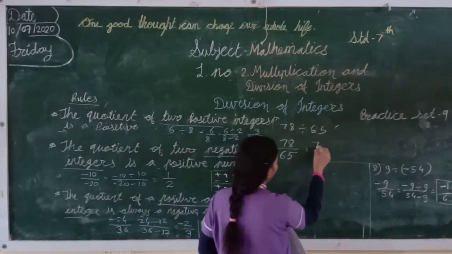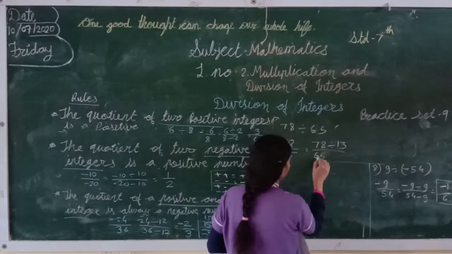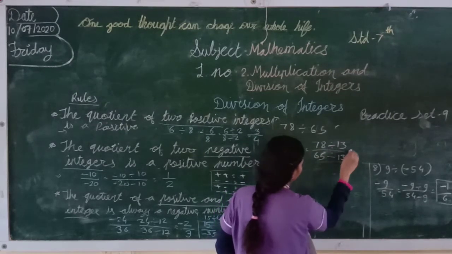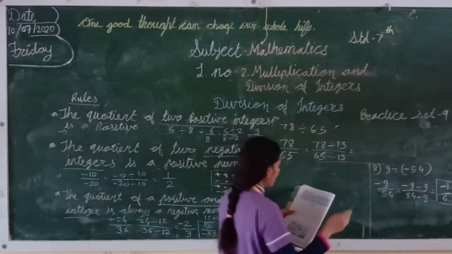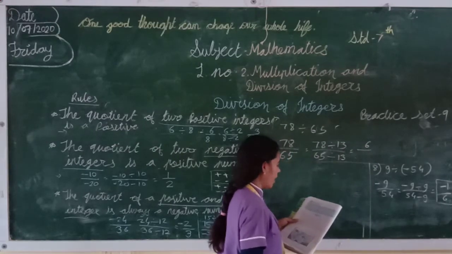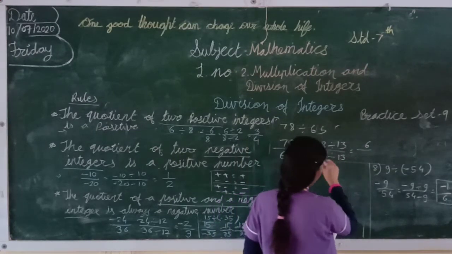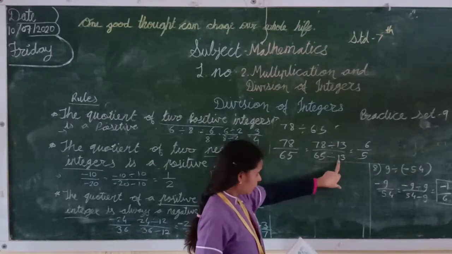So we will divide by 13. Now student you can say, 13 6s how much? 13 6s are 78 and 13 5s are 65.